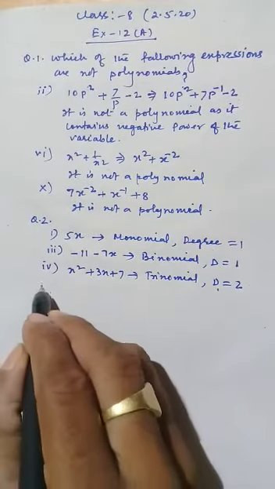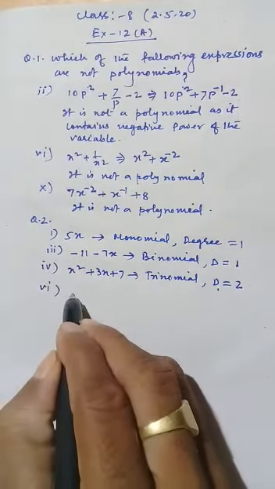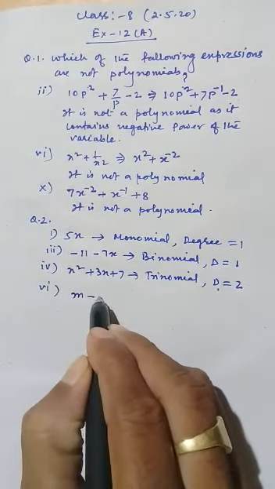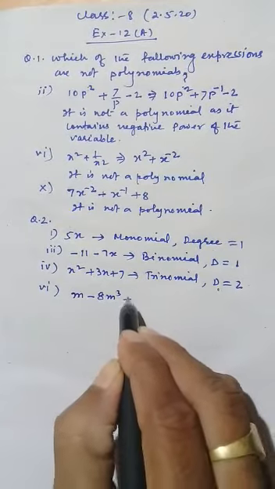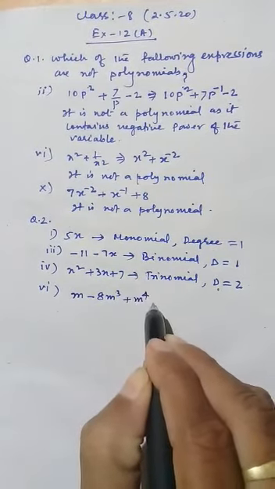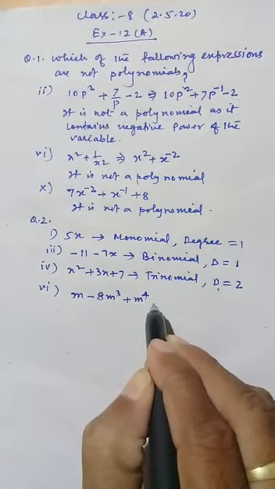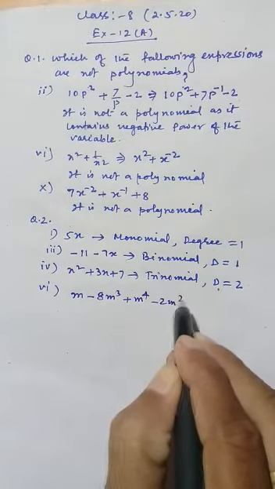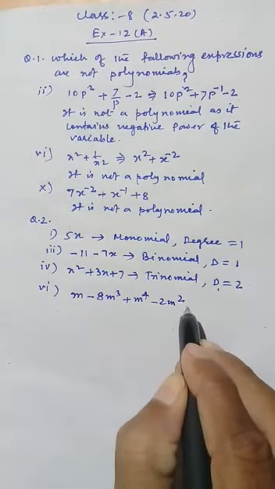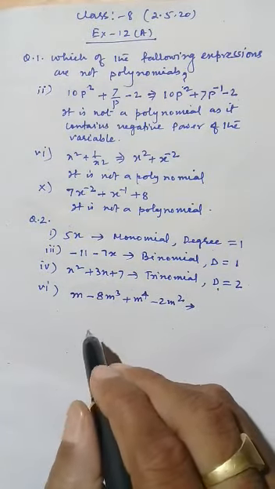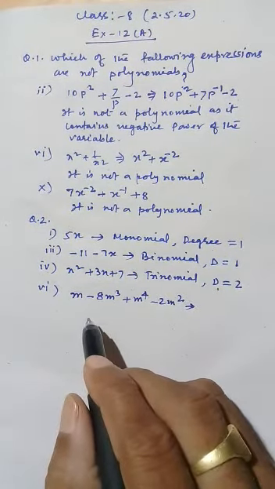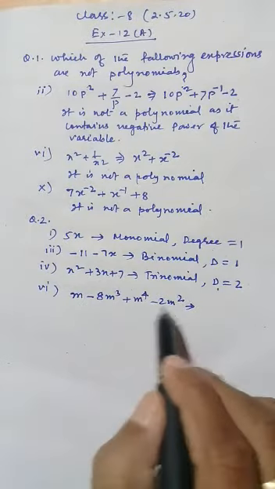Thereafter, sixth part, m minus 8m cube plus m to the power 4 minus 2m square. Now see, how many terms you have? 1, 2, 3, 4.